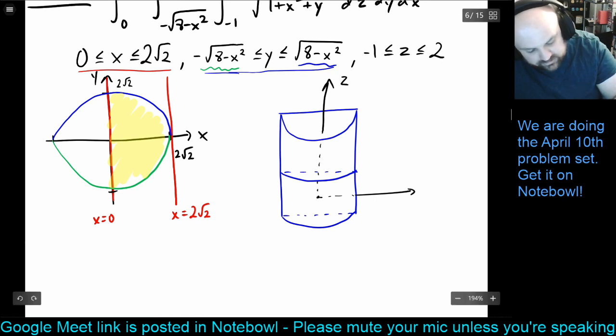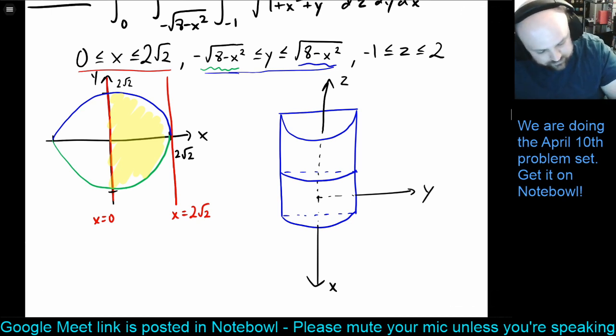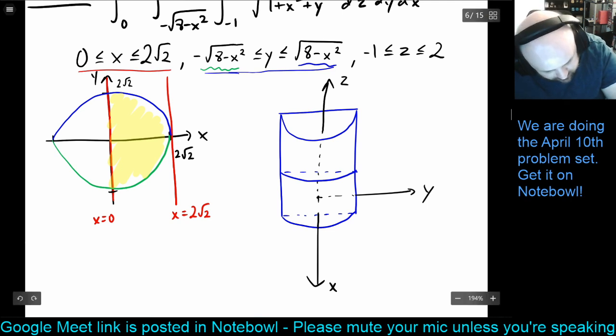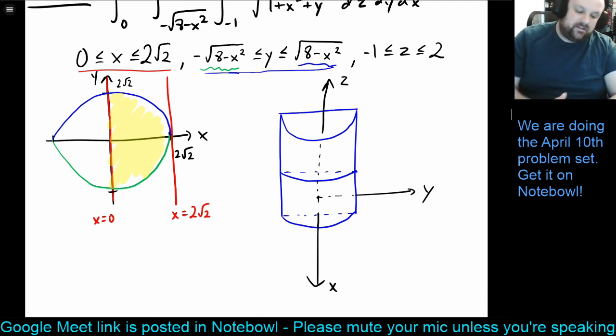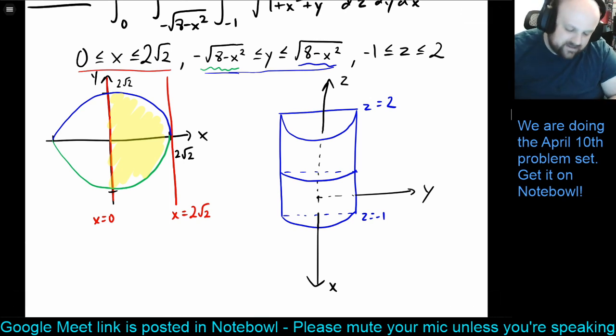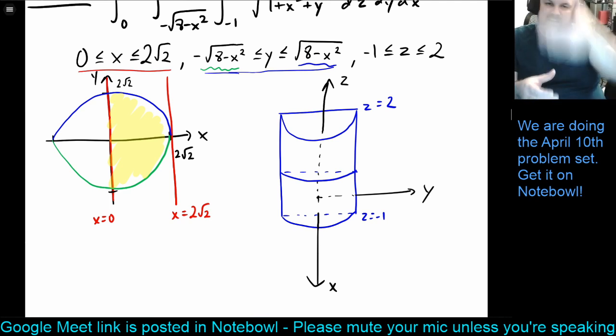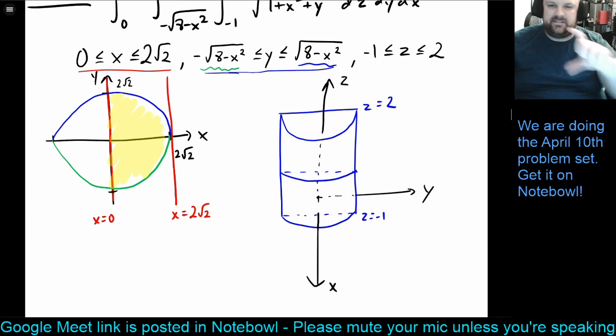Actually, the way I drew it, the x-axis should come directly out, so this perspective's a little bad. This cylinder dips a bit below the xy plane. It goes down to z equals -1, and it goes all the way up to z equals 2. Hopefully that's understandable. Imagine we have a cylinder and we cut it in half lengthwise, and the cylinder should be height 3, from -1 up to 2.